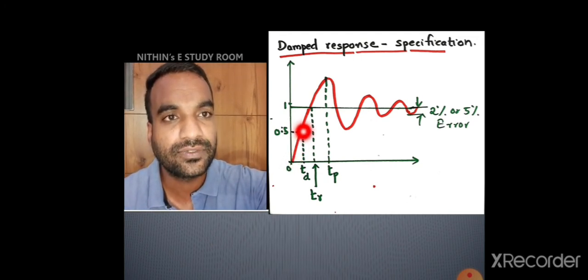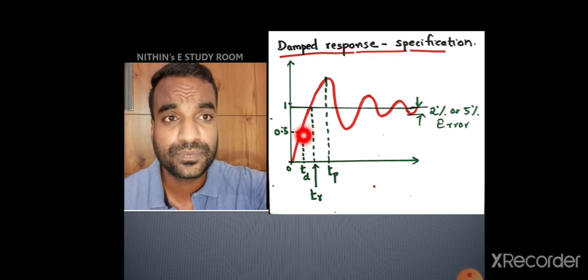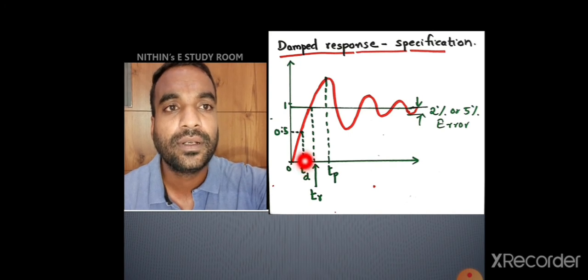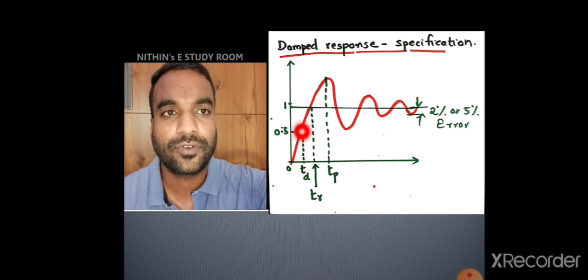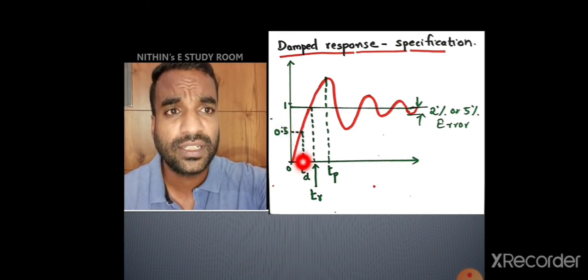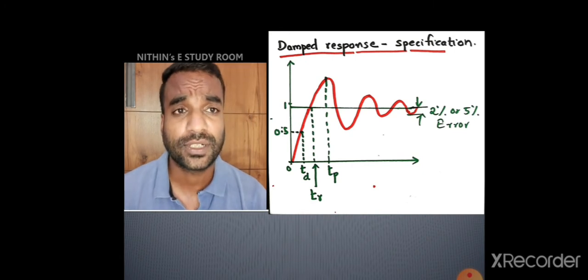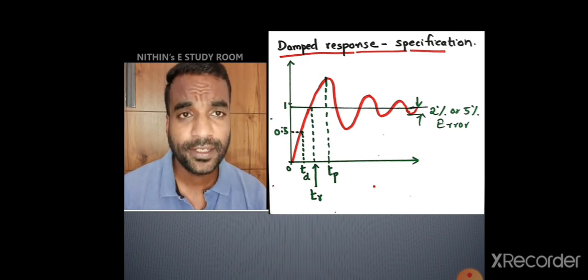Here it reaches 50% of the final value. So this is that time. This is the axis of time. So the time taken for the response to reach 50% of the final value, 0.5, is known as delay time, TD. Okay, I hope it is clear.